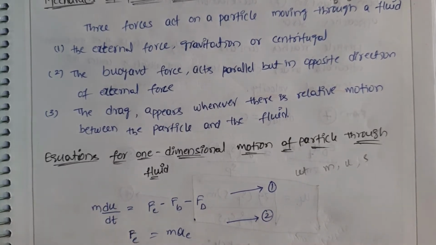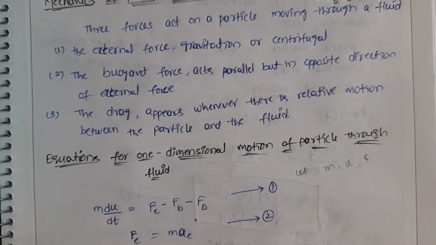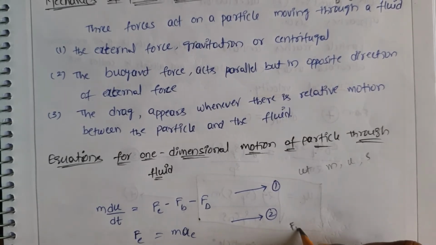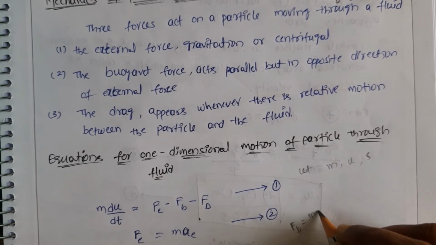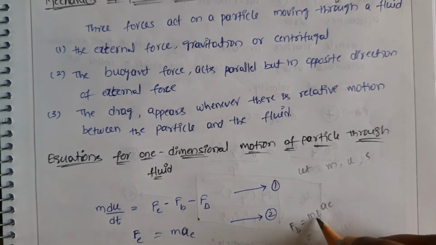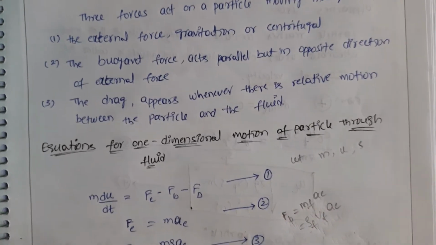Here Fe is the external force, given by the mass of the solid particle times the external acceleration. The buoyancy force Fb, from the Archimedes principle, is the product of the mass of the fluid displaced and the external acceleration. The mass of the fluid displaced is the density of the fluid times the volume of the fluid displaced, times the external acceleration.